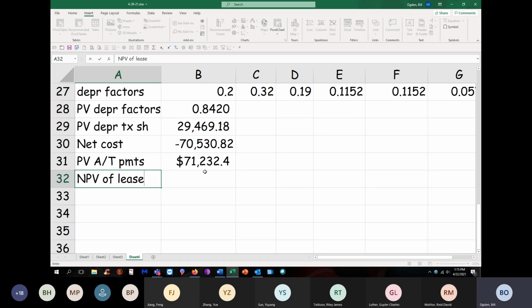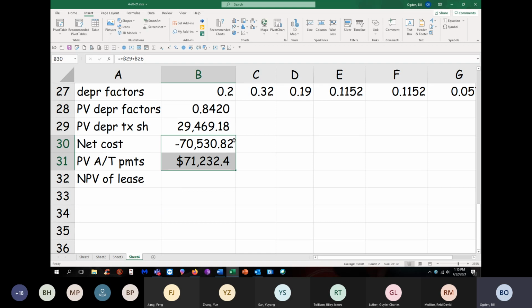All right, so then I can do the NPV. I hope we know it's the lease. Just add these together. Now notice I'm on the insert ribbon, and my auto sum isn't on that ribbon, but where do I find it? I have it on my quick access toolbar, don't I? So I just click it here, and there you go.